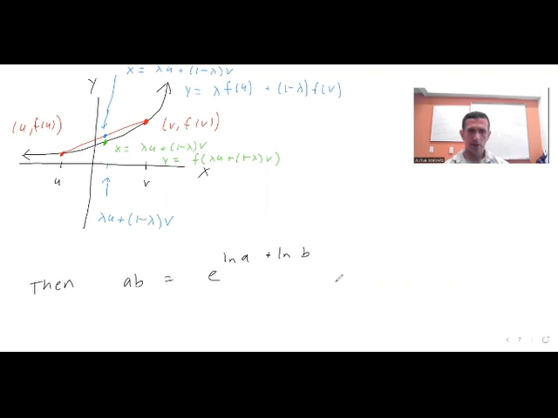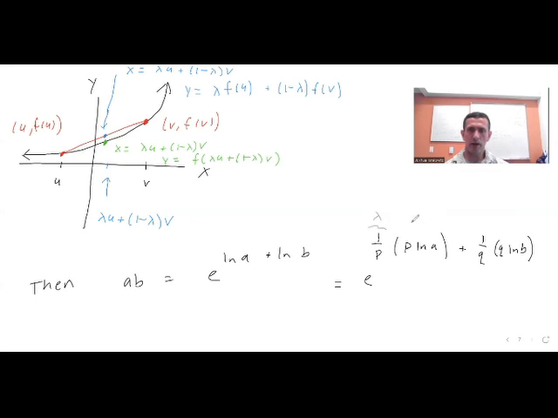This is equal to e to the 1 over p ln of a, and we have to multiply and divide by p and q, so that I'll do purple.